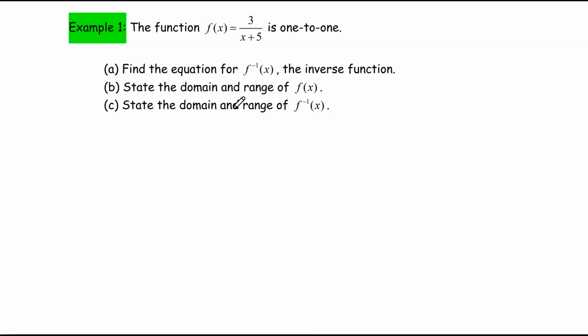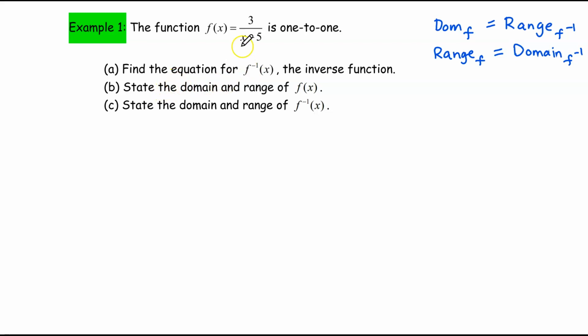So one of the properties for inverse functions is that the domain of the function f will now become the range of the inverse function. And the range of the function f is the domain of the inverse. Okay, and we can verify that actually from the example here.